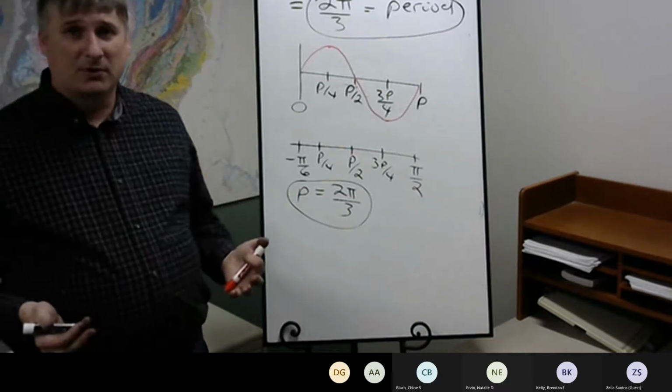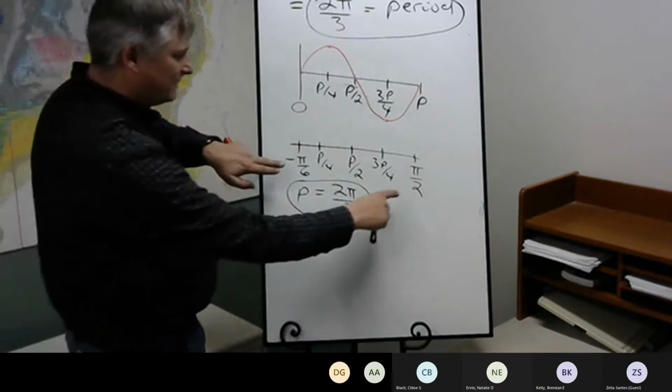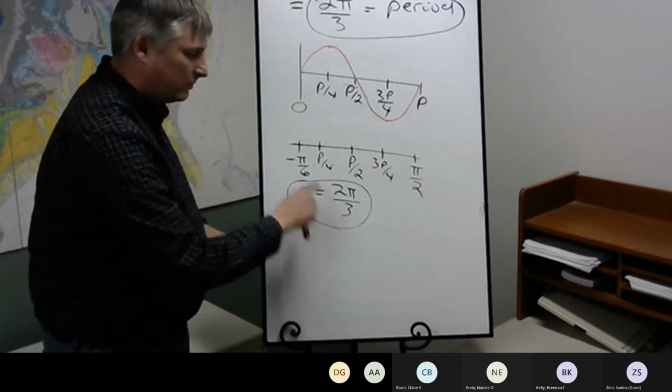So this is what we know so far. We know where it starts, we know where it stops, and taking the difference of these two, we get the period.